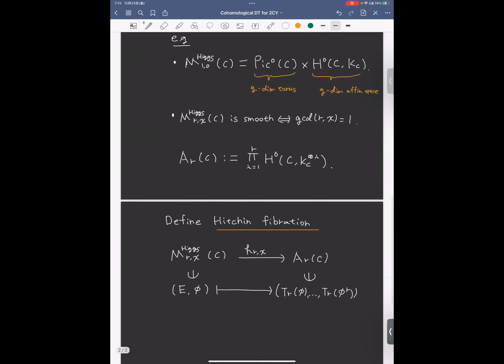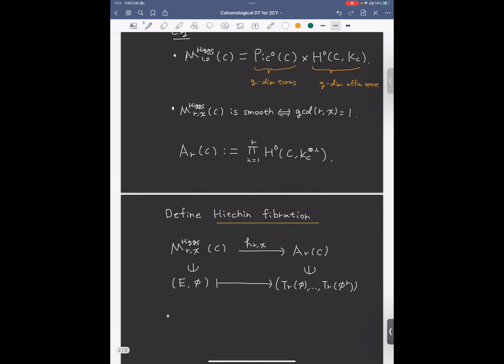And here are several important properties of the Hitchin fibration. Firstly, the Hitchin fibration h_{R,chi} is a proper surjective morphism.